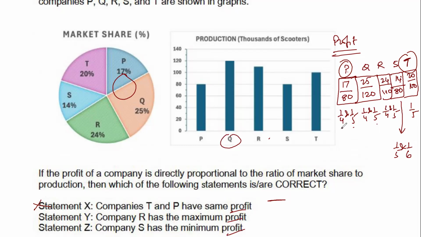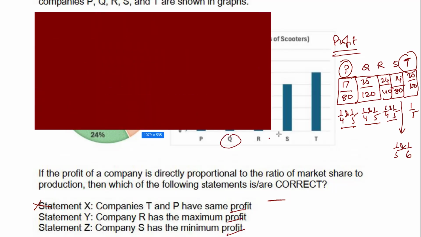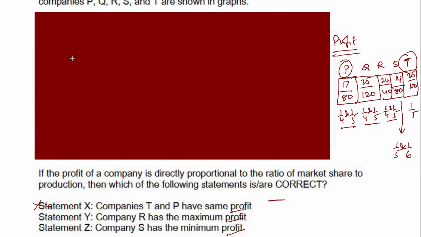So for the maximum profit, we'll have to work out these three because these three are between 1/4 and 1/5. So we need to find out exact numbers. So now we're going to use some space and work out P, Q, and R. So P is 17 by 80.